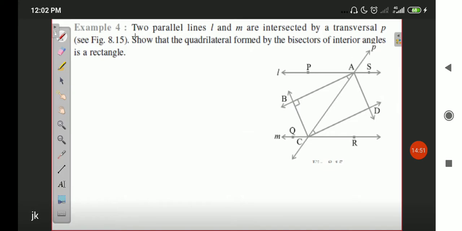Let's see the question. Two parallel lines L and M are intersected by a transversal P. Let me make the diagram for you once again so that you can understand what is happening here. There are two parallel lines.